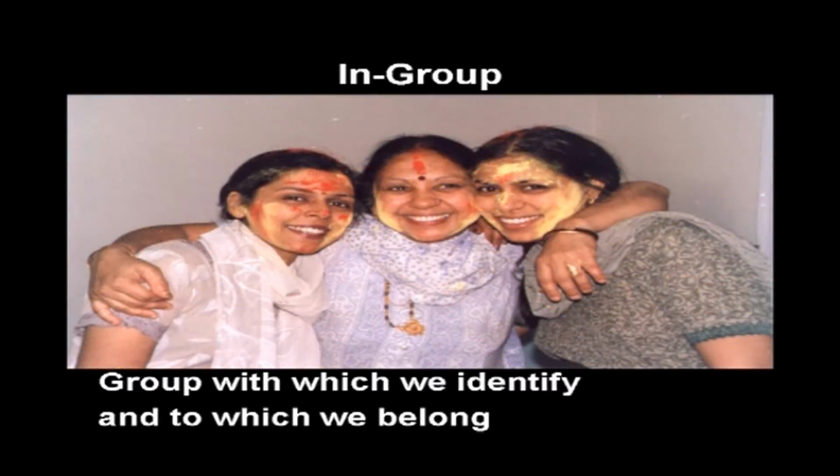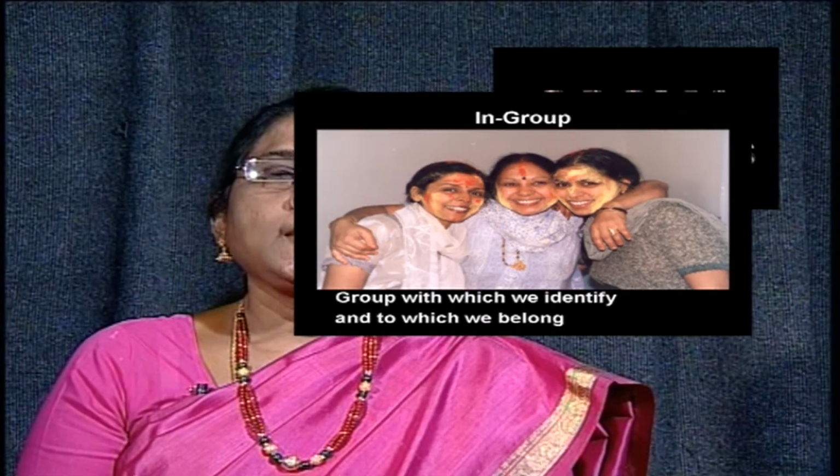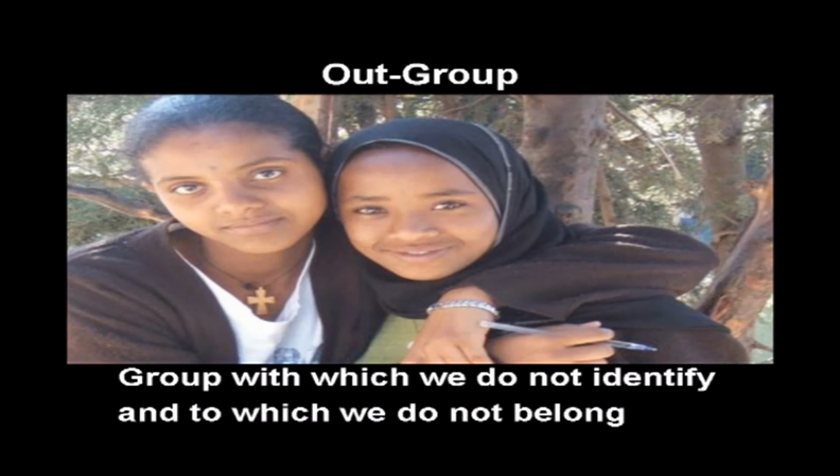An example is our own religion and religious groups. An out-group is a group with which we do not identify and to which we do not belong. An example for out-group is the Islamic community for a Hindu or a Christian.